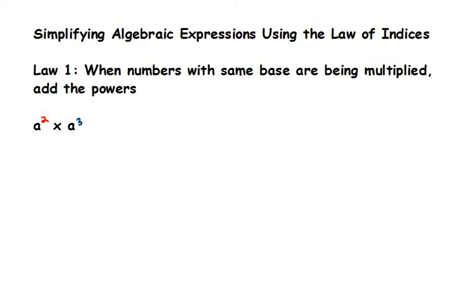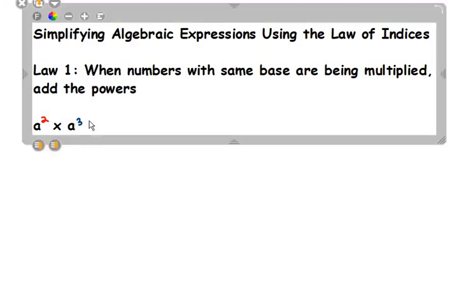Now what we're going to do, we're going to write the same base, and let me put that in the notes as well. Keep the same base. Remember the base is the number that is being multiplied by itself. In this case, we're given index form, but we already know the expanded form for a squared and a cubed.